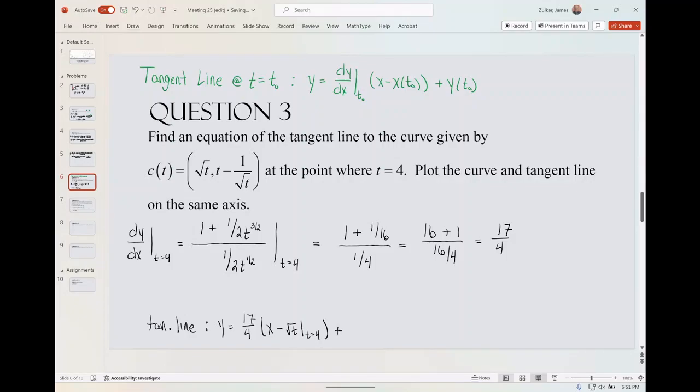Plus y evaluated when t is equal to 4. So 17 over 4x, square root of 4 is 2. 4 minus a half. 15 halves.